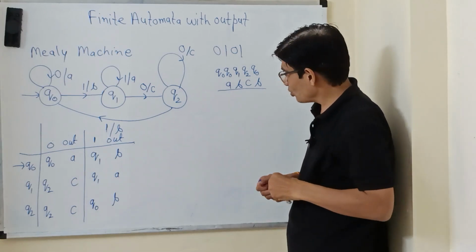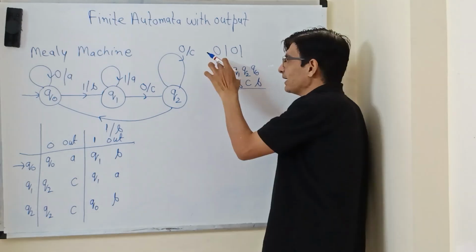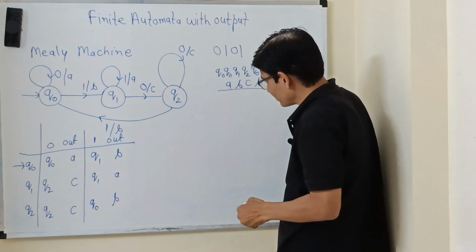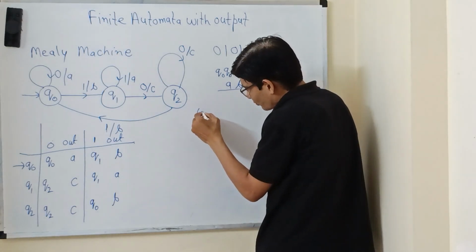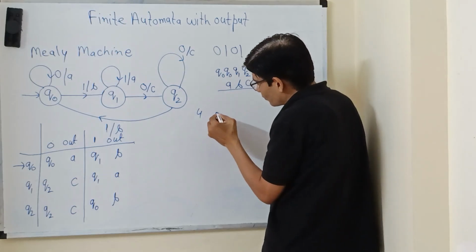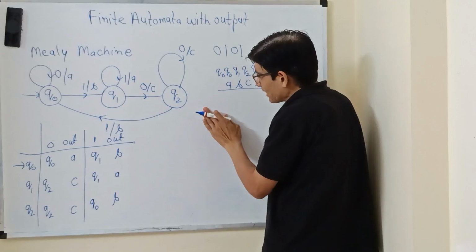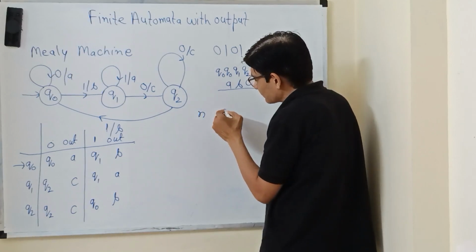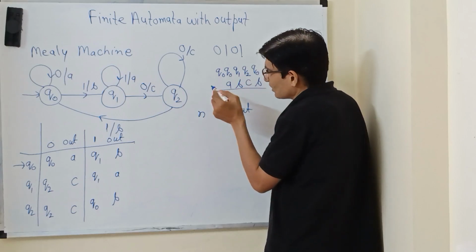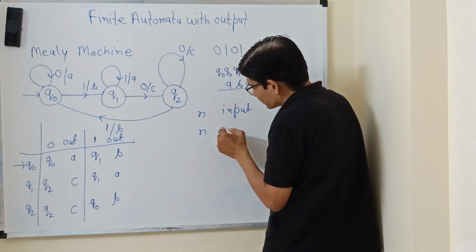I hope, friends, you have noticed one special thing here. As you can see, there are four symbols in the input string, so the number of output symbols is also four. That means for n input symbols, this Mealy machine generates n output symbols.